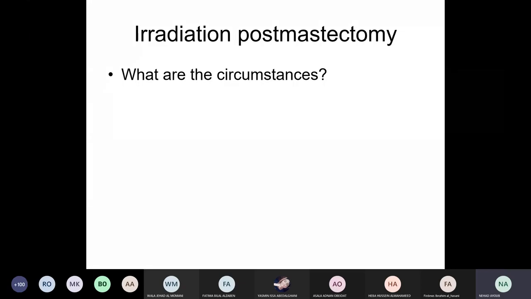Which breast cancer patient who does mastectomy is eligible to chest irradiation. فهدول مكتوبين عندكم بالكتاب تقروهم carefully. Okay, مين المريضة stage 1 or 2 that she is eligible to post mastectomy irradiation.